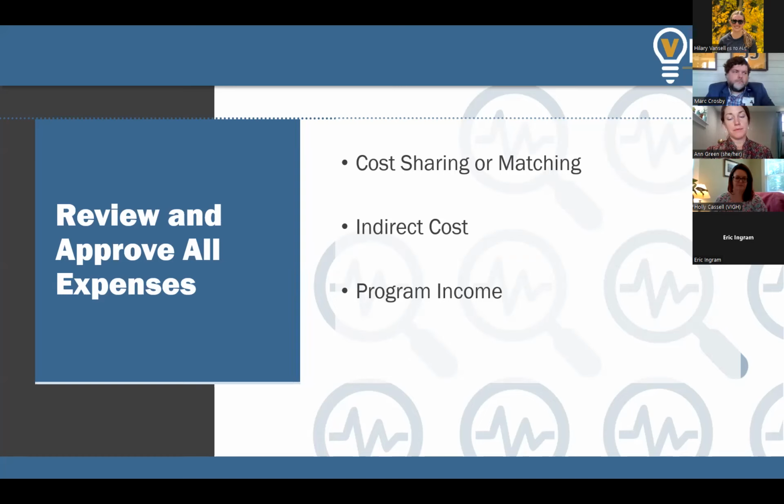The indirect cost. For most of your organizations, if it's a US federally funded project, your indirect cost is probably going to be 8%. It could be different if it's a non-US federal project. So the indirect cost is, when we do our review in our central office, we're looking to make sure that the indirect cost is calculated correctly.